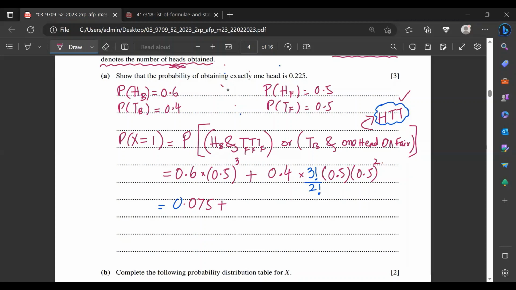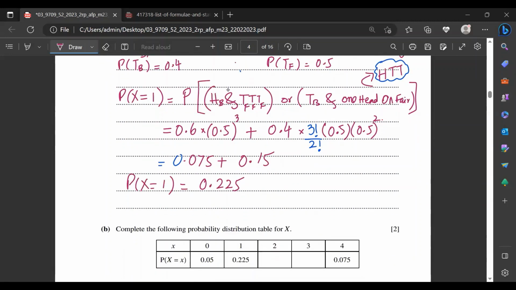It is 0.15. 0.15 added to 0.075 is 0.225. So the probability of one head is 0.225.